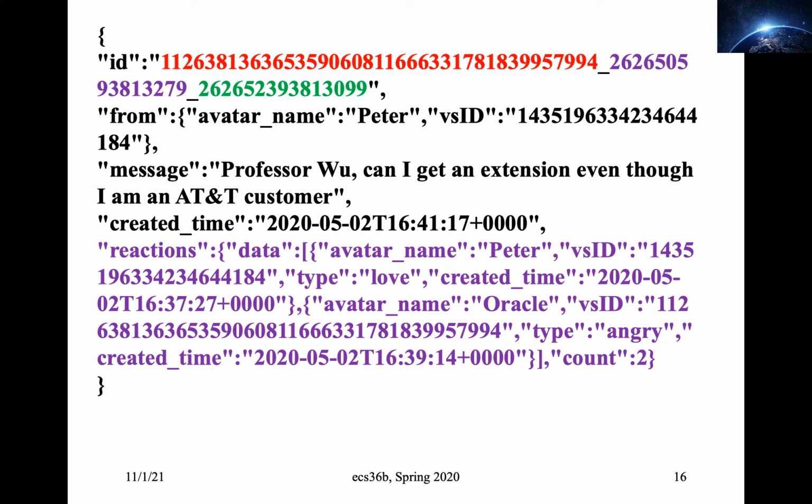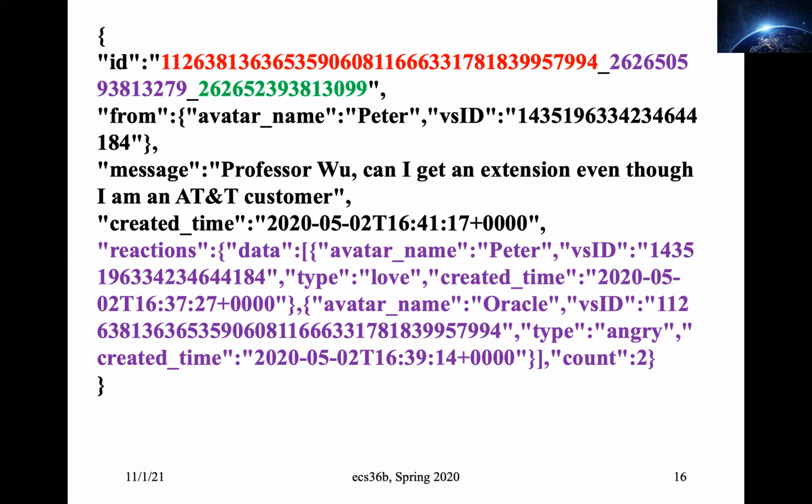So let's look at the object very carefully. The object first has an ID. The comment has an ID. Remember I said there are three portions to the number; this is just a notation that was used by, and probably is still used by, Facebook. The first portion represents the page ID. The second portion represents the post ID. The third portion represents the comment ID. So any comment should have these three portions.